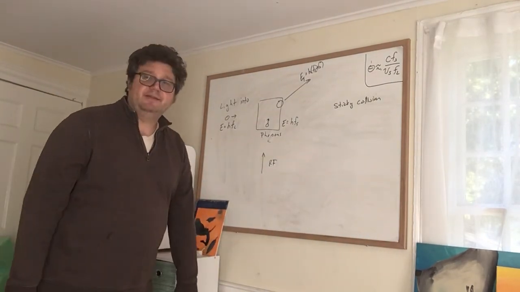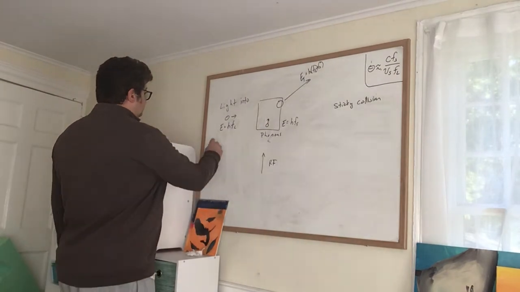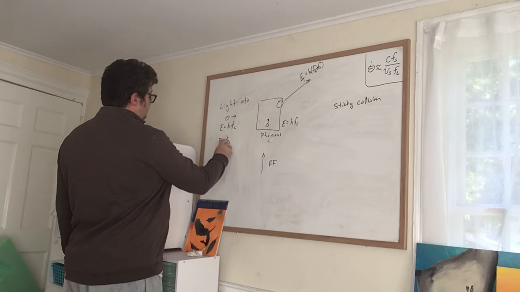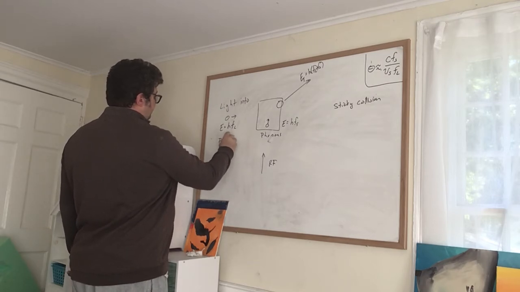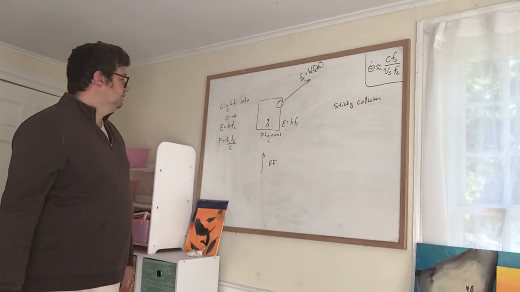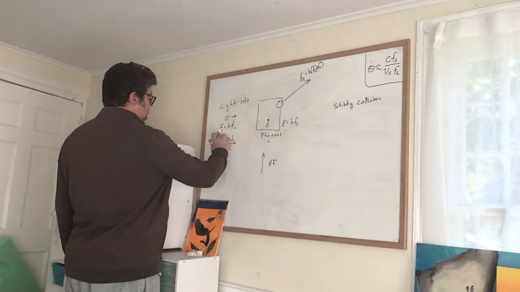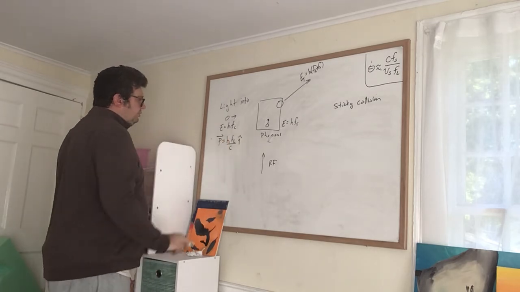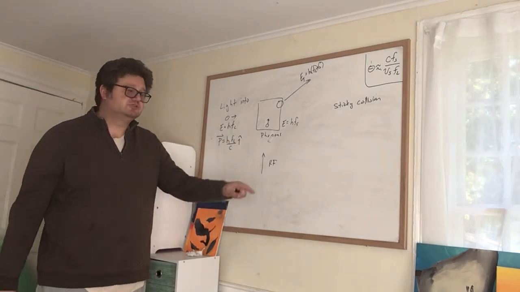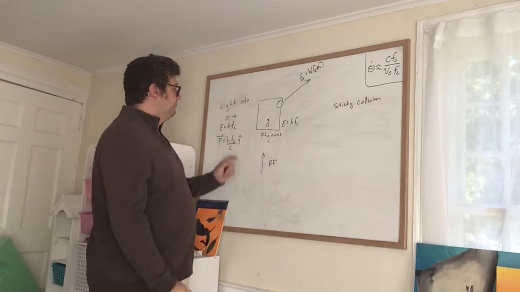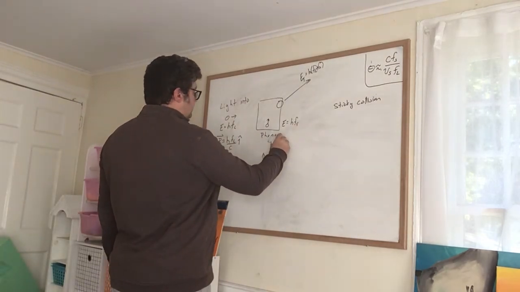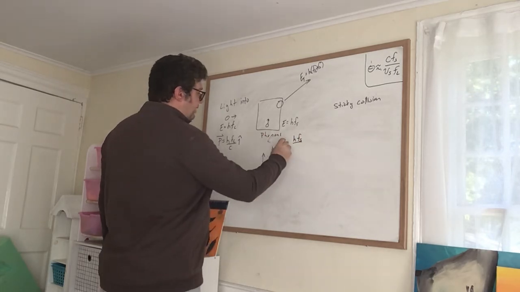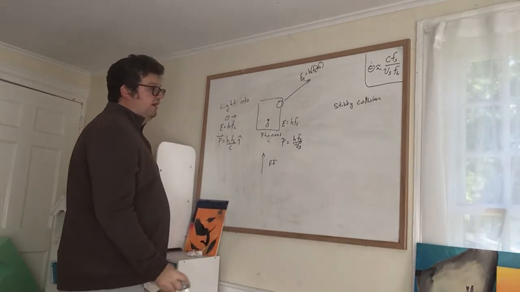I also know that momentum has to be conserved, right? So the momentum here is going to be h, the frequency of light over c. And that's going to be going in the x direction. And then the phonon's momentum is going to be h f sound divided by the velocity of the sound.